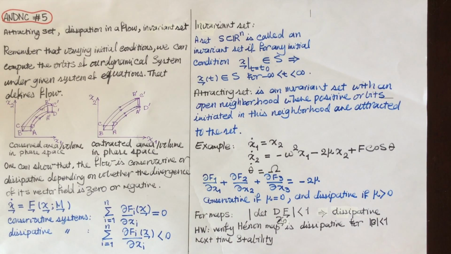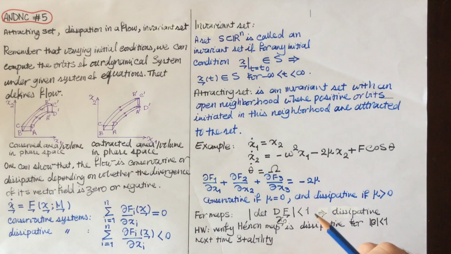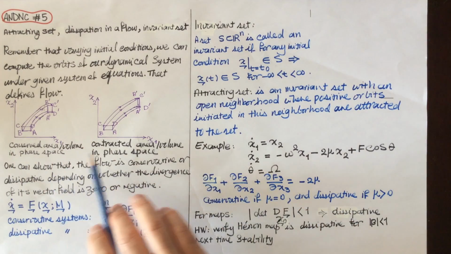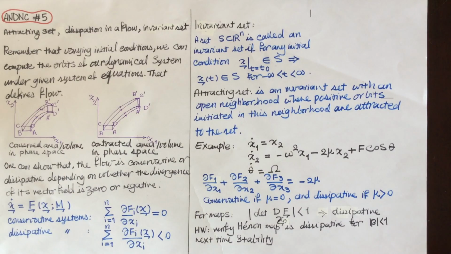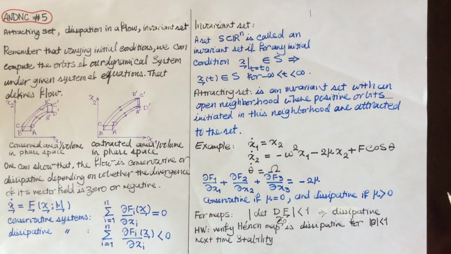If we add damping to that system, if you have a mass spring damper, then that's going to be a dissipative system. So if I plot the trajectory of the system in the phase space, for a conservative system, this area remains constant after delta t. And for dissipative systems, when we have the damping, this area contracts or shrinks.